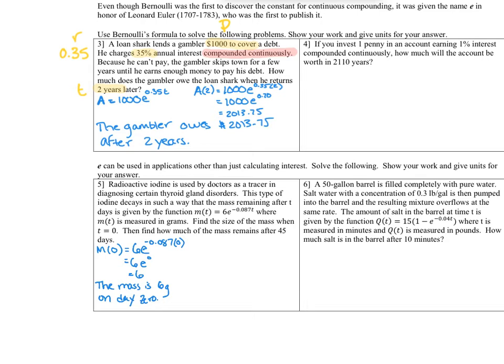But that's not all it's asking for. It's asking after 45 days. So m of 45 is going to be 6, so we're starting with 6 grams, times e to the negative 0.087 as our rate times 45 days. Now we're using days because t has already been established as days, so after t days, whereas normally it is in years.